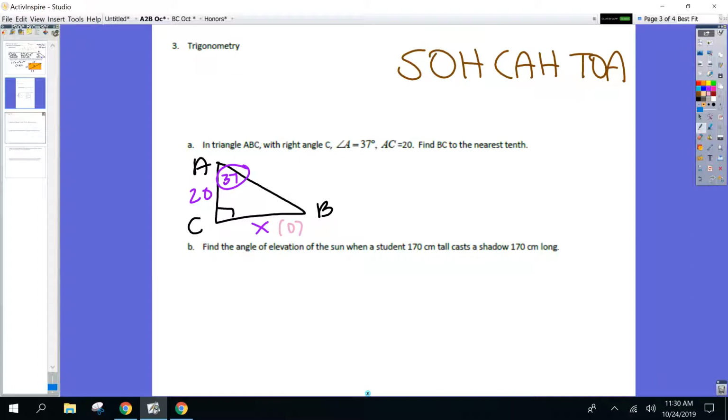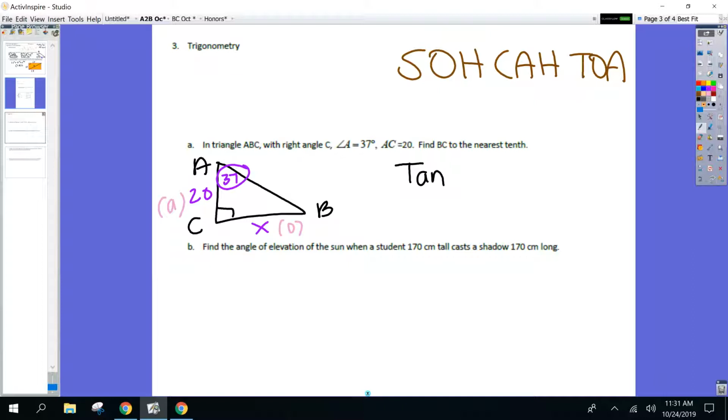That is adjacent. So we have adjacent and opposite in this problem. Look back at SOHCAHTOA. What is attached with the opposite and adjacent side? TOA. T for tangent. So I'm definitely going to use tangent, abbreviated TAN.